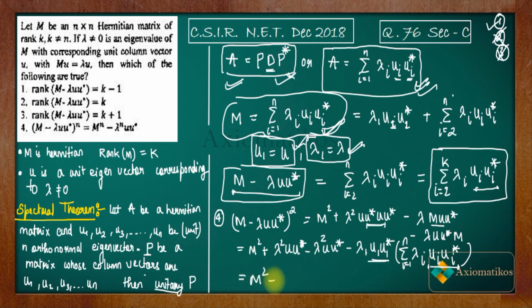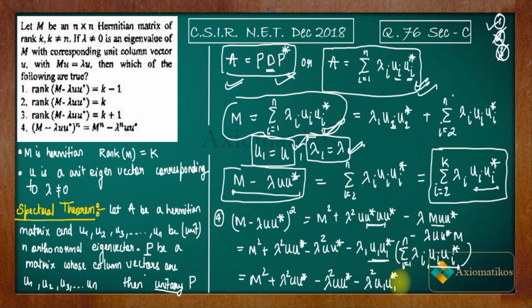So you will get m square lambda square uu star minus lambda u star whole square, and from here, as I am telling you, the first term will be left. It means lambda 1. So now let us replace it with lambda, because otherwise we will have confusion between u and lambda. This is orthonormal. So you will get u1 star.